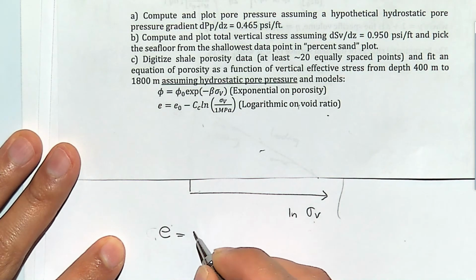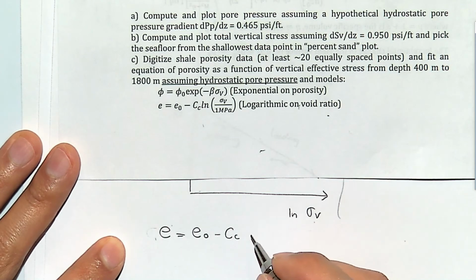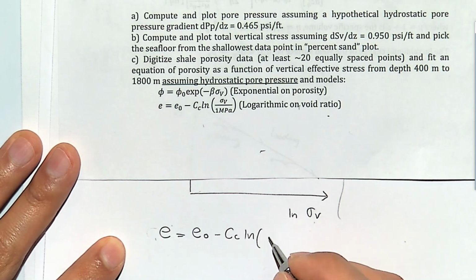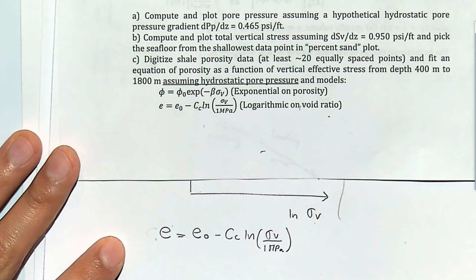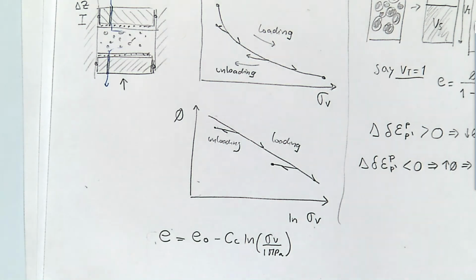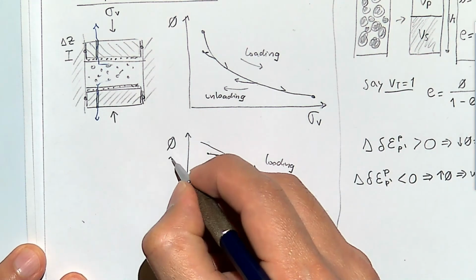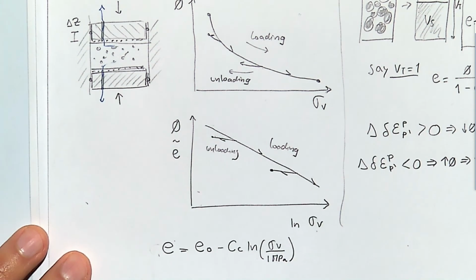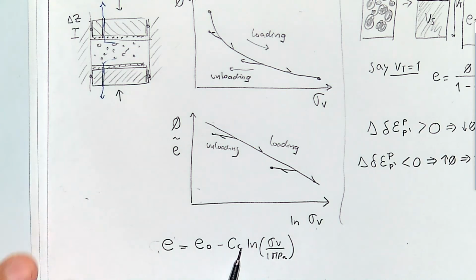Void ratio is equal to initial void ratio minus CC natural logarithm of sigma v divided by 1 MPa, because you have to make that dimensionless. And remember that void ratio is just similar to porosity. All right, so here this CC line.